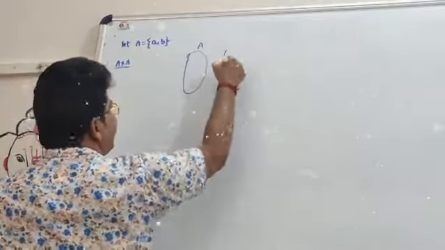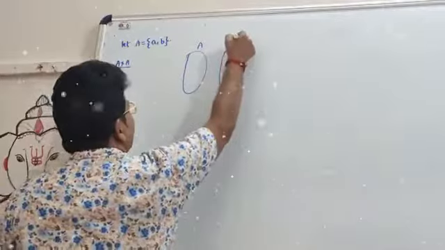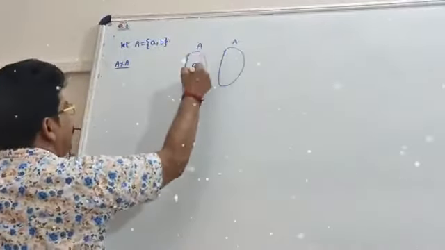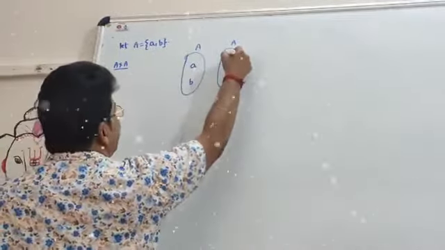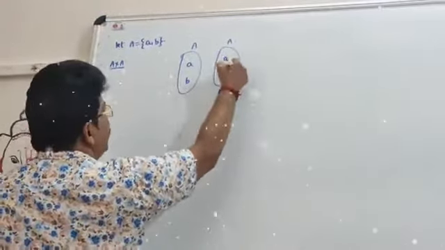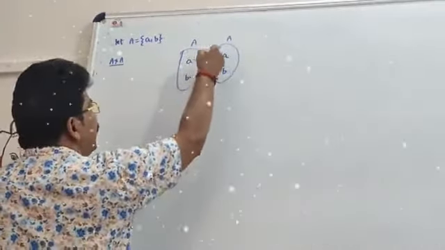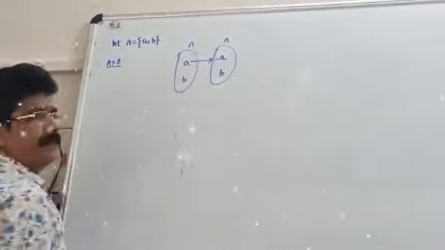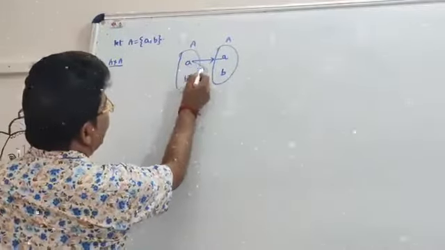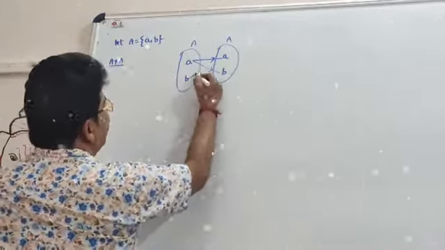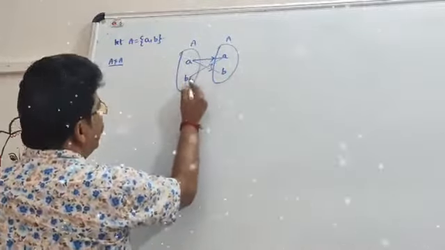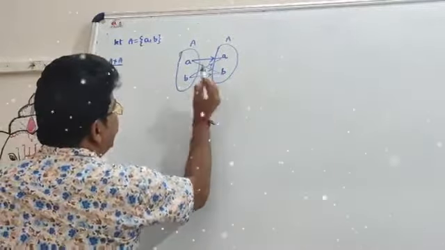So through tree diagrams, I wish to write A cross A. A is mapped with A, A is mapped with B, B is mapped with A, B is assigned with B, just like that.